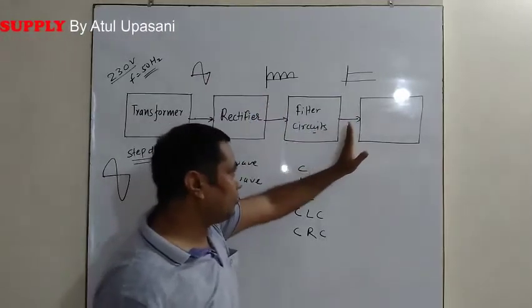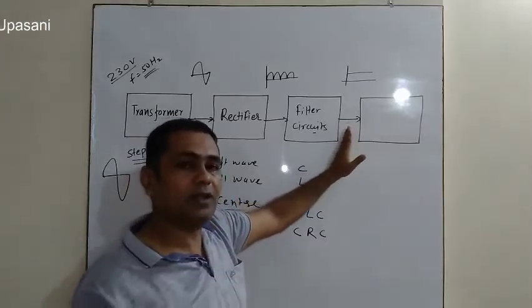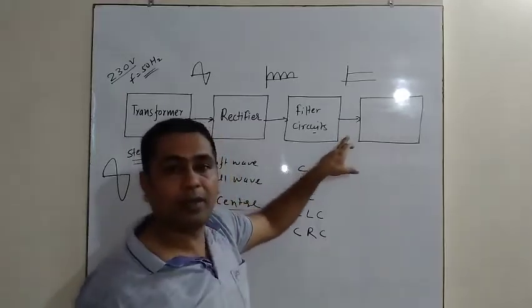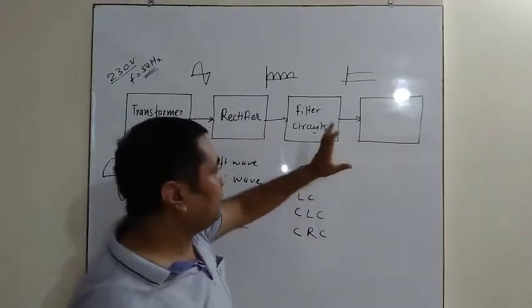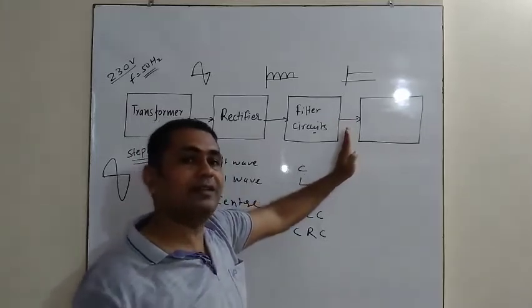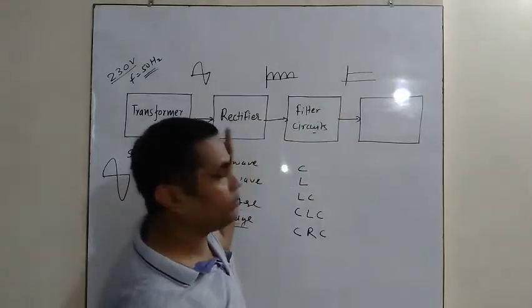To use this DC power for an electronic circuit requires only constant voltage. That means the voltage level at the output should remain constant at all times. Only then will the electronic circuit, mostly the digital circuit, work properly. So this fluctuation should be removed.